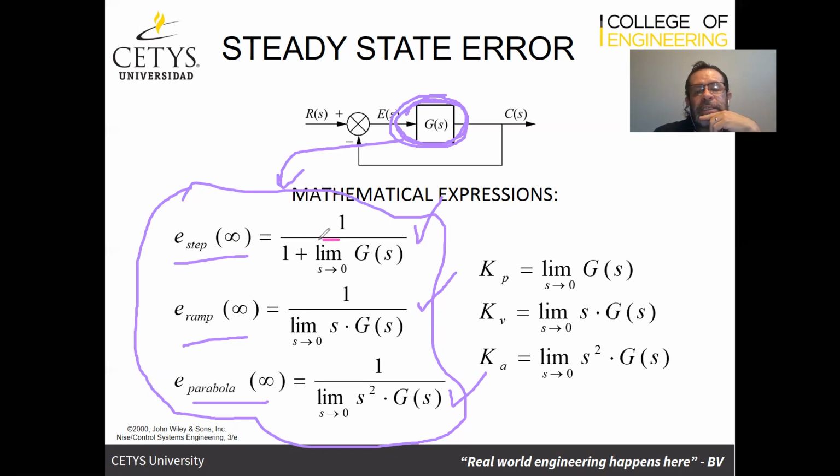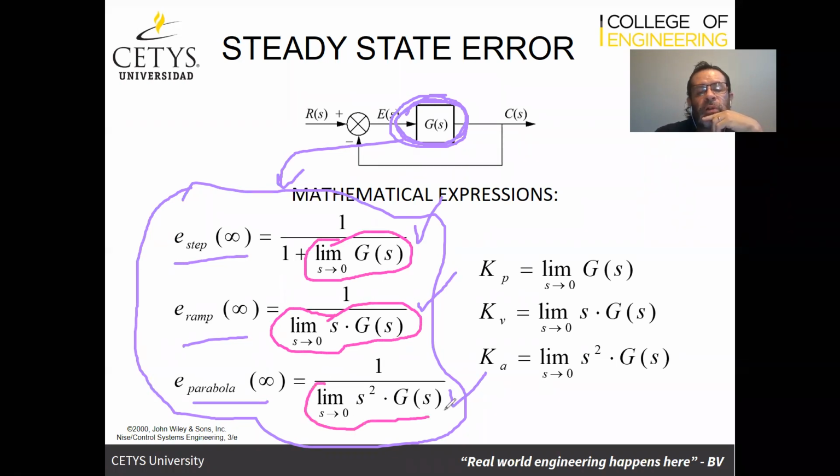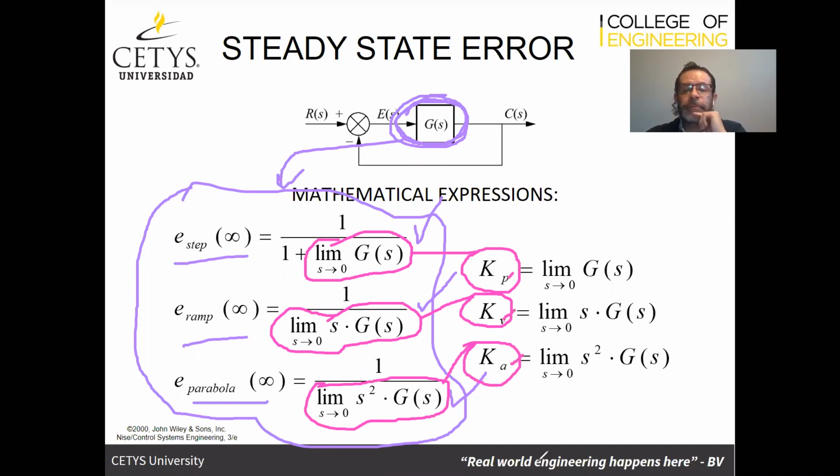And each of these is going to have a specific limit that's going to be associated to what are called, in control systems theory, the steady state error constants for position, velocity, and acceleration.